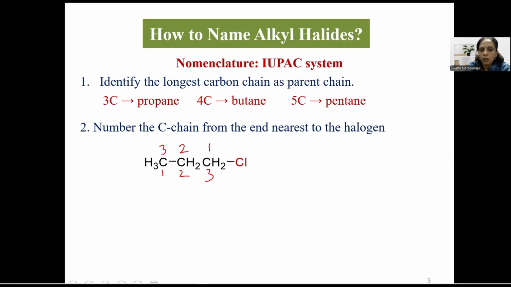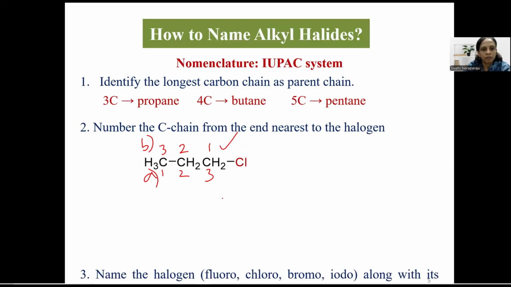In option A, if you number the molecule like this, the halogen-bearing carbon gets the third position. On the other hand, if you number the carbon chain like B, the carbon bearing the halogen gets the lowest possible number. That is the reason we follow option B. So always number the carbon chain such that the carbon bearing the halogen gets the lowest possible number.